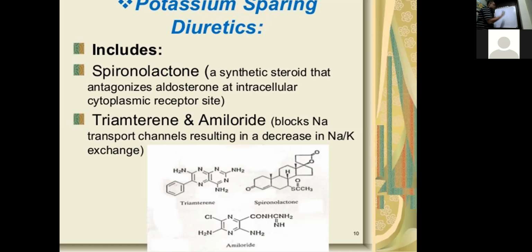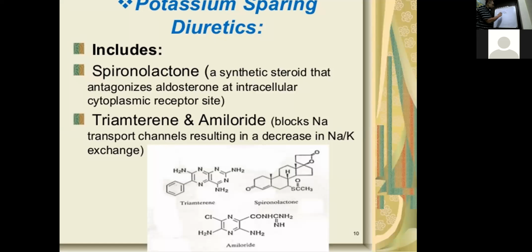If you find it difficult to remember the bonds, just draw this: the pyrazine is fused to your pyrimidine. And it contains 1, 2, 3 amino groups. So this is the structure of triamterene.